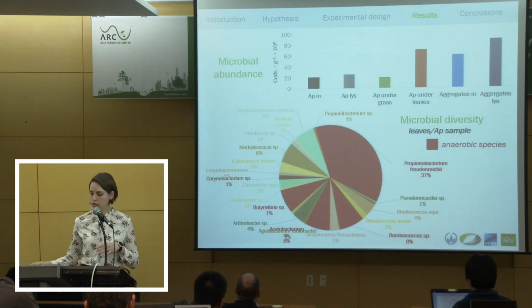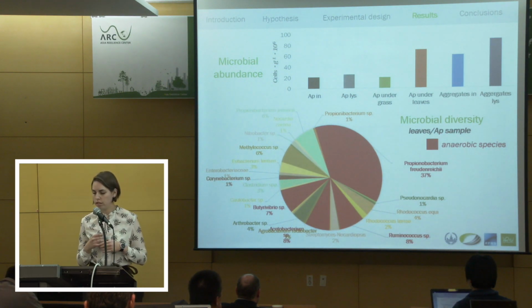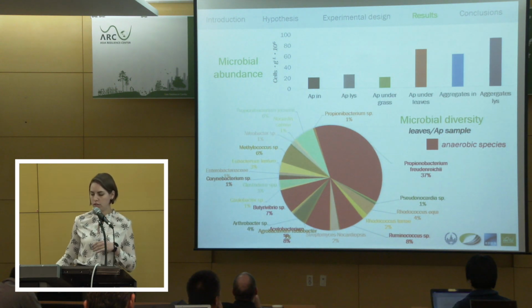So at the end of the experiment, we found that the carbon content in the litter of leaves was higher than in the litter of grasses. So carbon losses were lower in the sample with leaves.